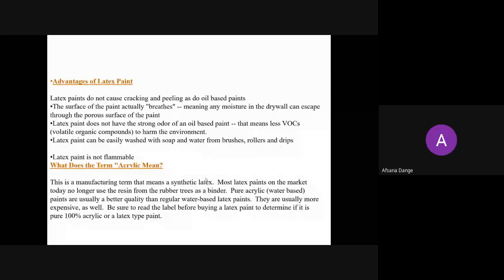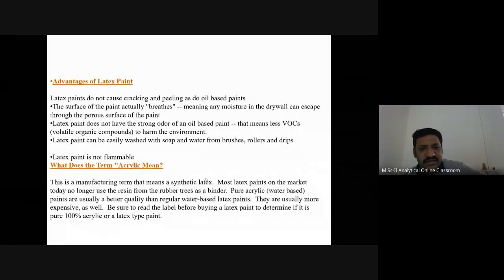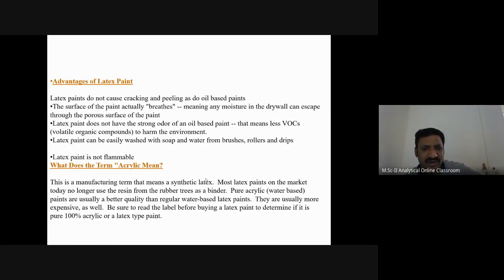Yes, sir. Okay. So the next point is what is meant by acrylic. We've seen that this is a manufacturing term that means a synthetic latex. Okay, it is what? Synthetic latex. Most latex paints on the market today no longer use the resin from rubber trees as a binder.